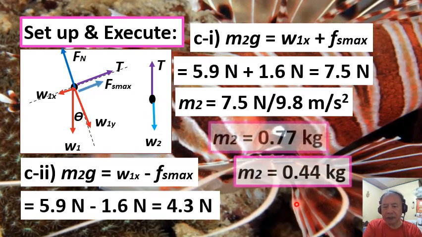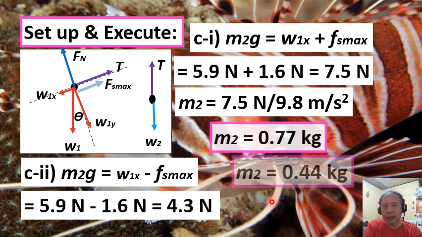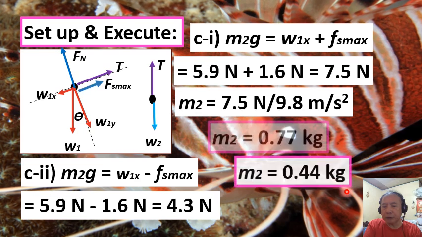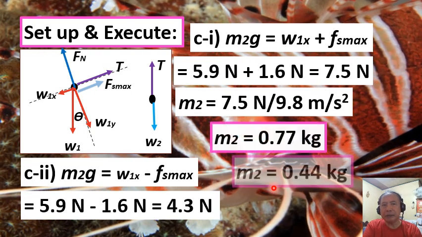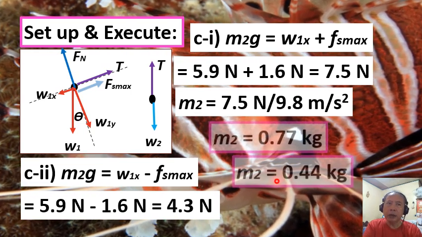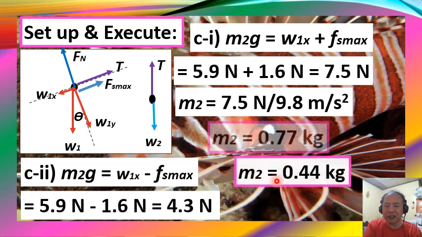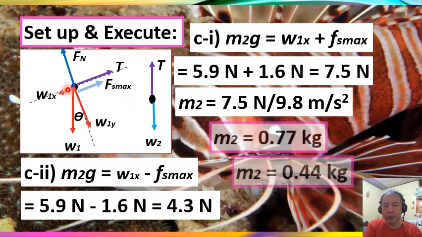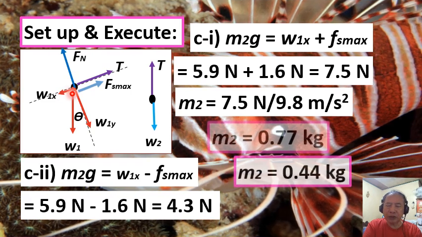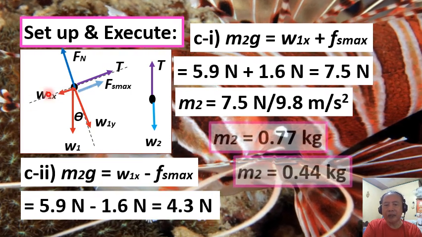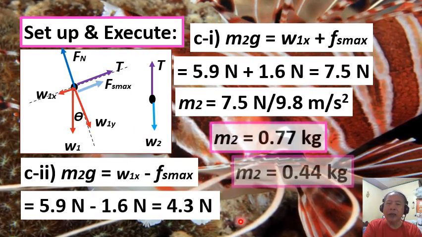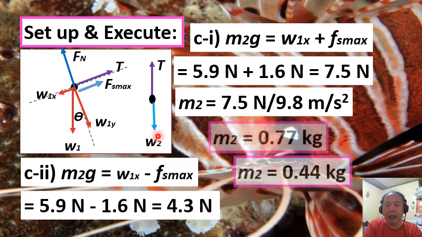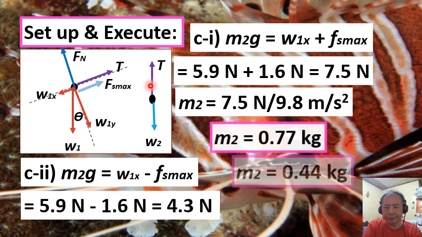And in the second scenario, if mass M2 is less than 0.44 kilogram, then the system will also start to accelerate from rest, with M1 starting to move from rest down the incline, while the mass M2 will move vertically upward from rest.